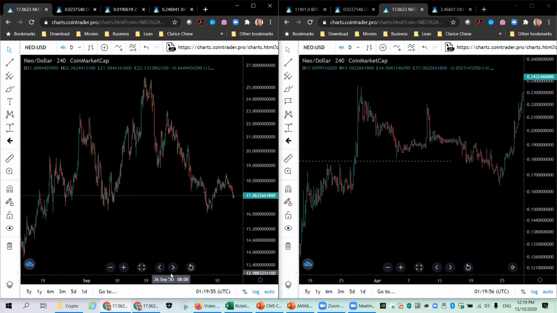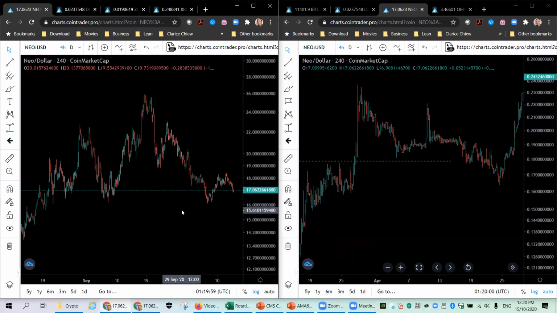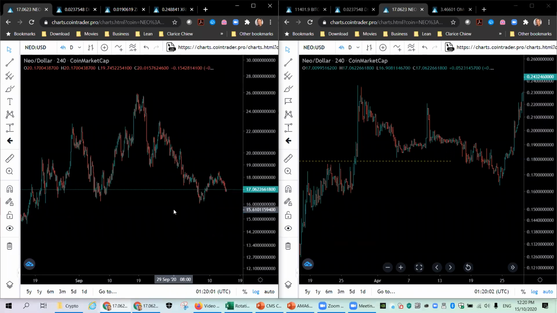This would be how it's looking right now. It looks slightly different, but it's okay. It's still within my fractal estimation.